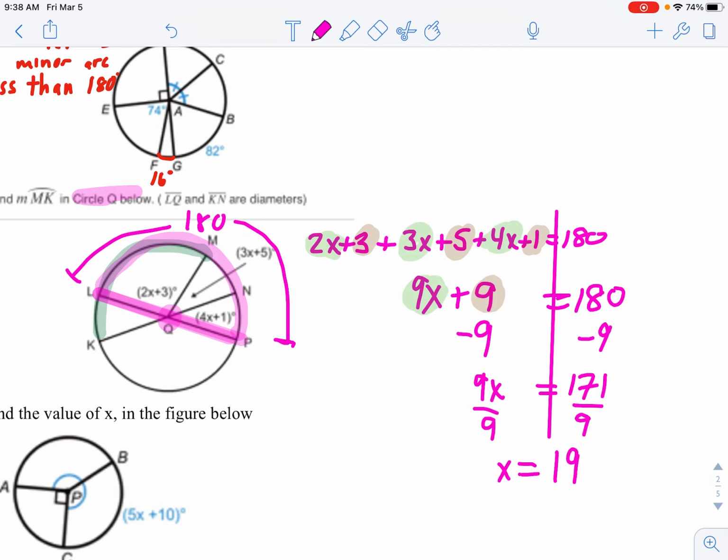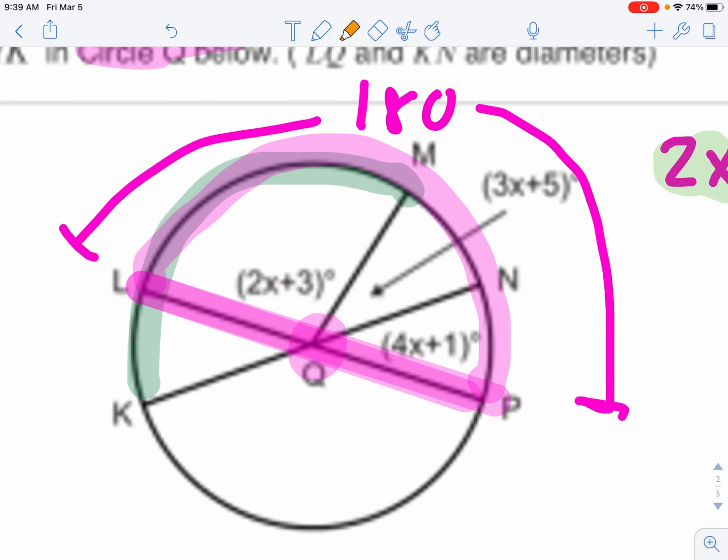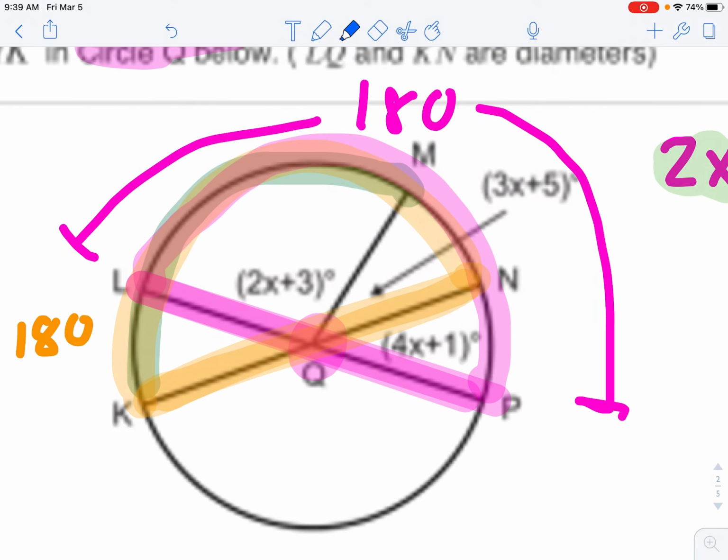So what we're going to do from here is zoom in. Realize this is another diameter, so this orange part is also 180. Really, we're going to find this pizza slice right here. We plug in x from there, and this green part, MK, is what we want.